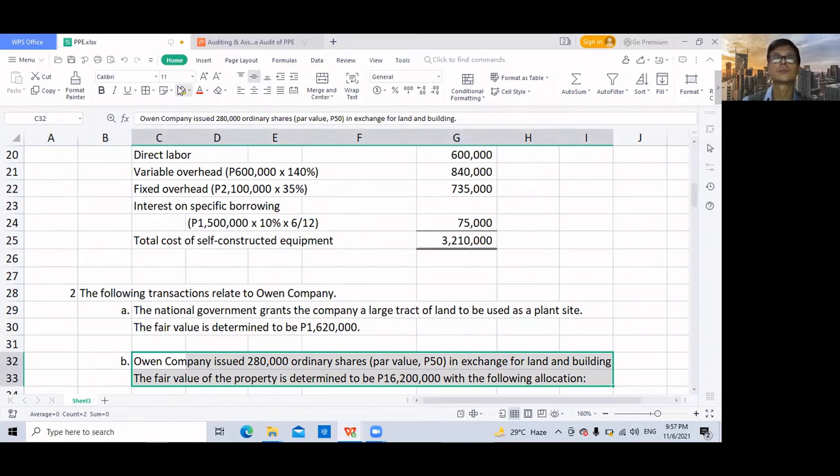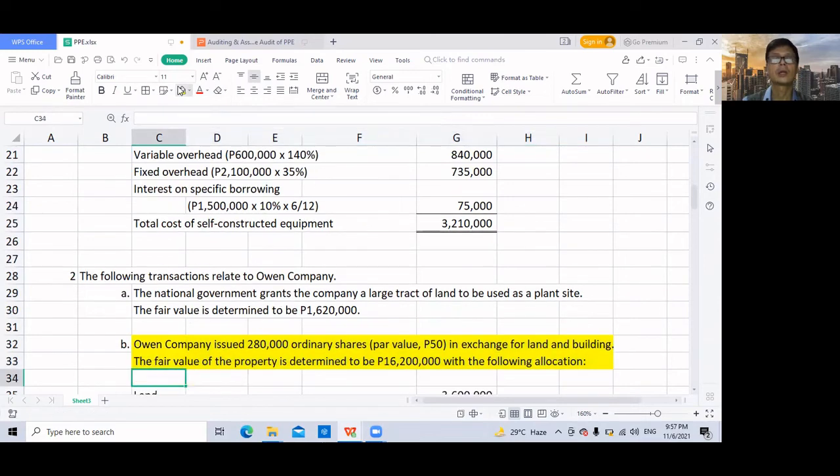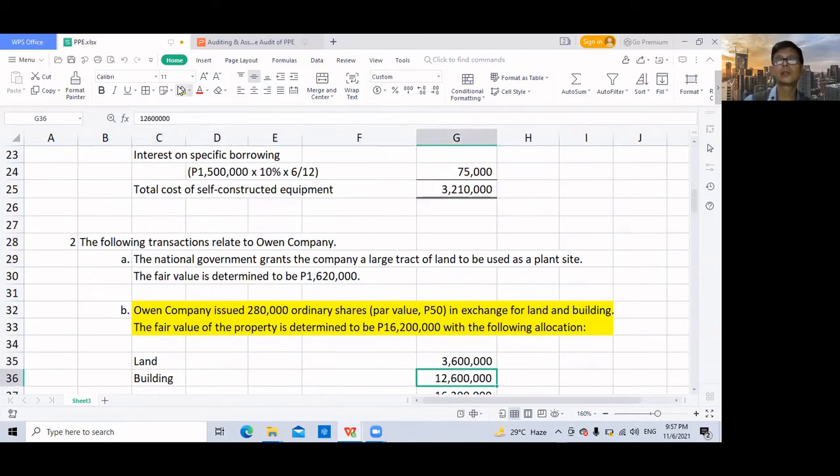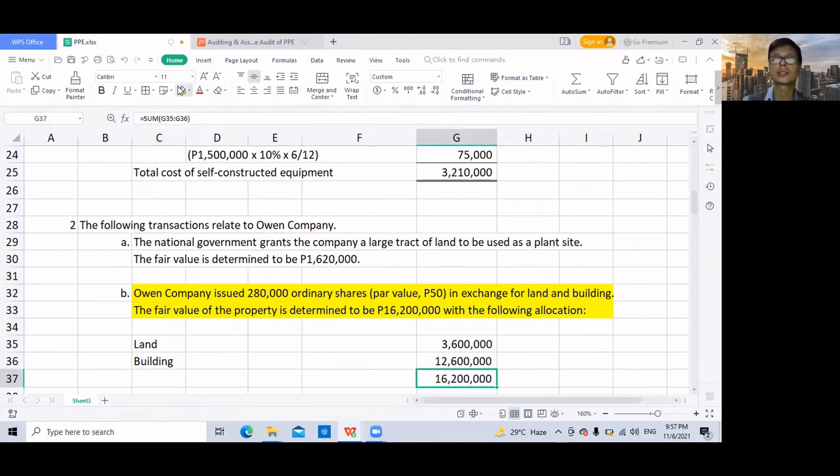16,200,000. Okay? So yung land is, ito yung following allocation. So yung land is 3,600,000, building is 12,600,000. So the total is 16.2 million. Okay. So ang pinagpalit nila dyan, yung kanilang shares, ordinary shares, which is, of course, par value niya is 50 pesos.